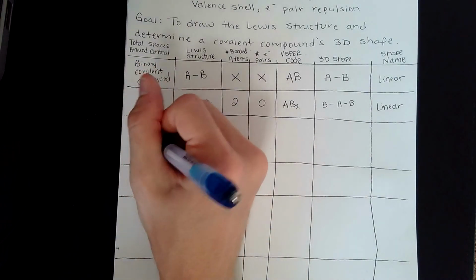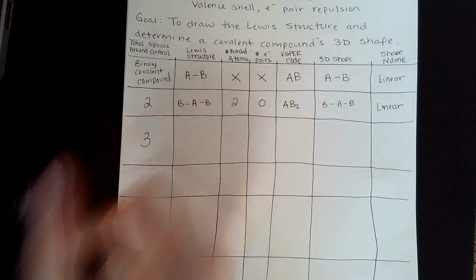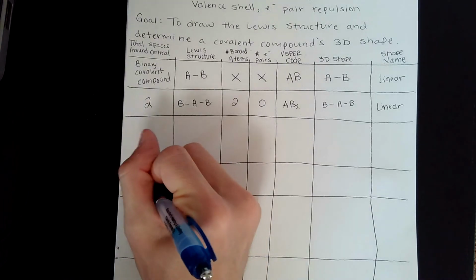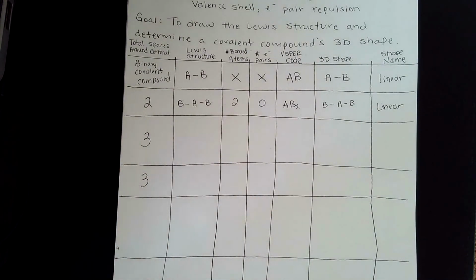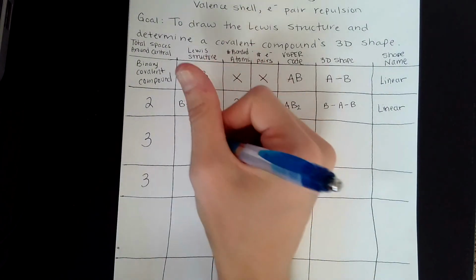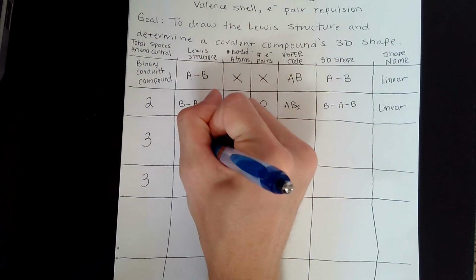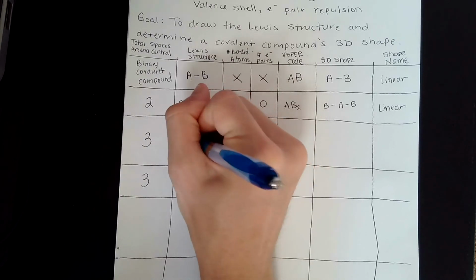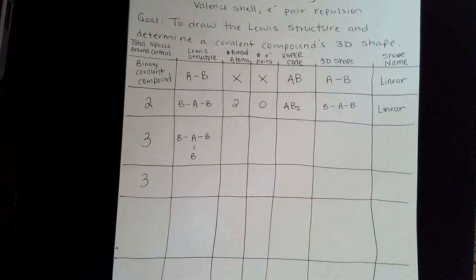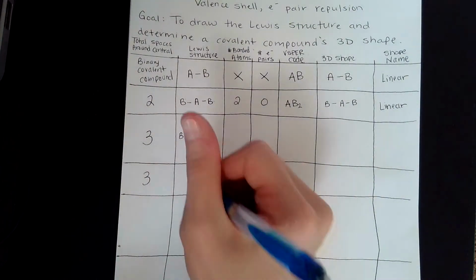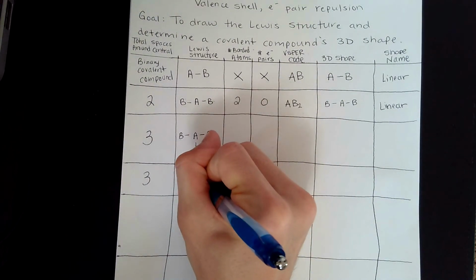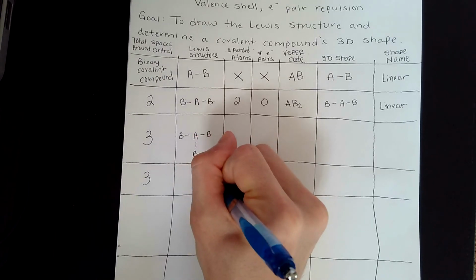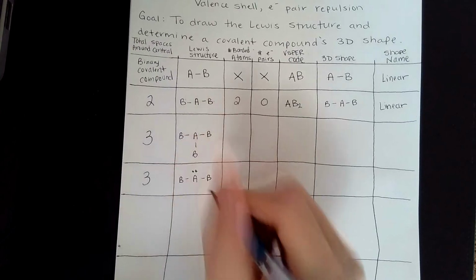So now let's look at if we have 3 spaces around our central atom. And there are 2 different scenarios that we can have. If we look at a Lewis structure, we could have 1, 2, 3, or we could have our center atom with a pair of electrons and 2 bonds.